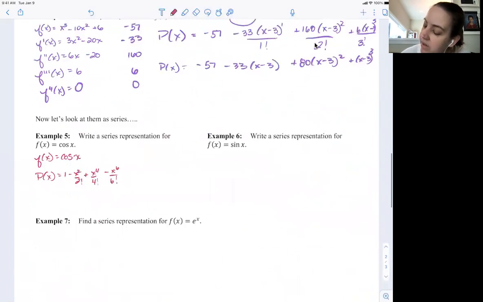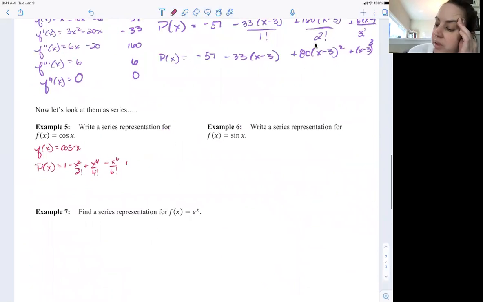And then I bet you can see the pattern that keeps going here. So plus x to the 8th over 8 factorial. What would that last term be? That's really what you're looking for here. Well, it would be x to the n over n factorial.